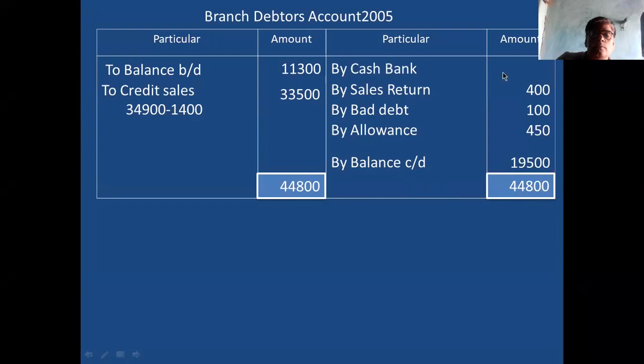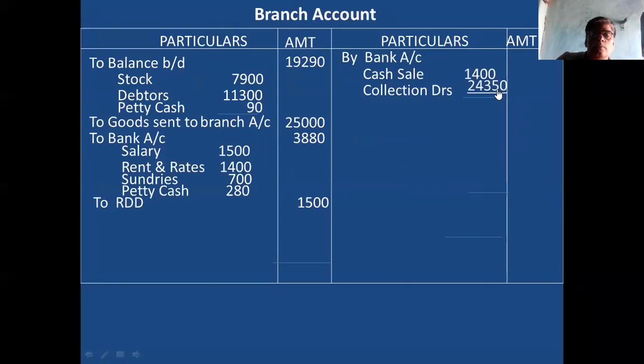That difference is called by cash or bank, the cash collected. This by cash or bank, I'll take to the branch account. So this amount I'll record here, 24,350. Okay, you record here.